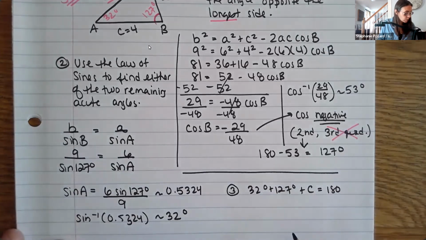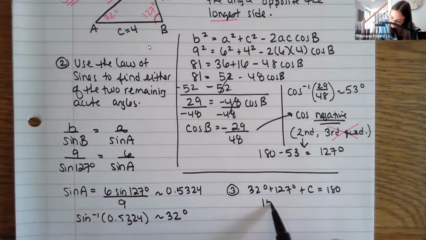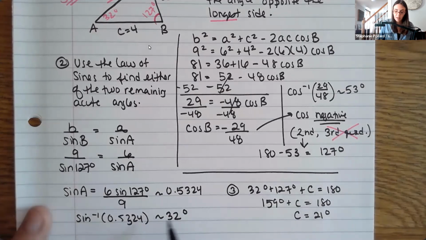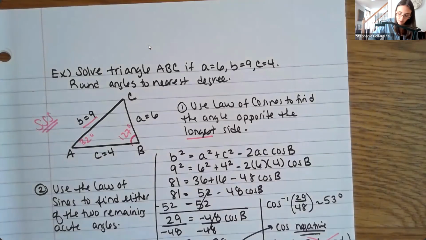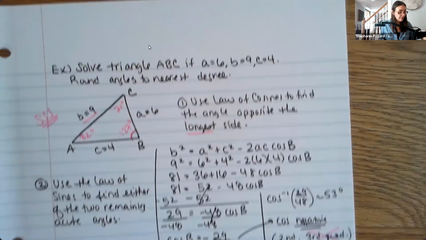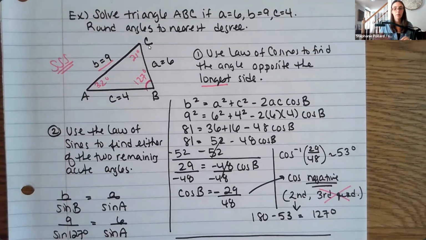Well, 32 plus 127 is going to be 159 degrees. I subtract that from both sides and I get that C is 21 degrees. Again, it is approximately 21 degrees because we've rounded our sine value. So our angle was rounded there, but we're able to complete the final angle. And this would be the final result for this problem.